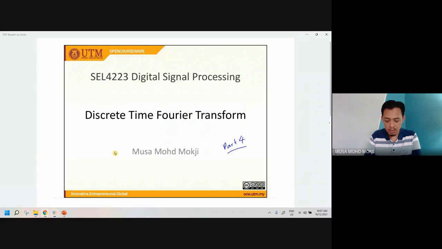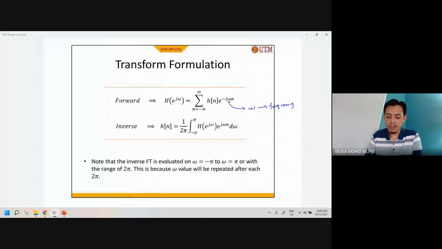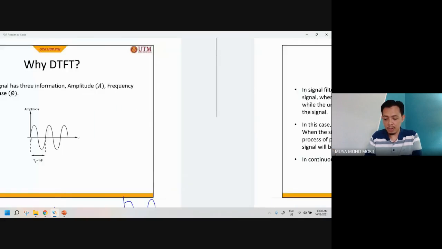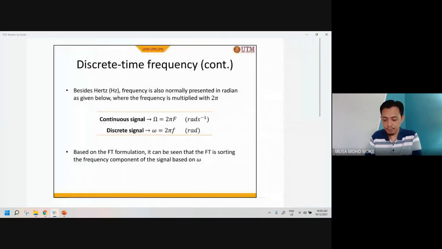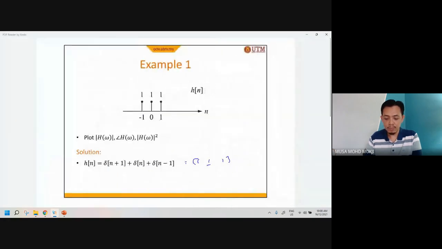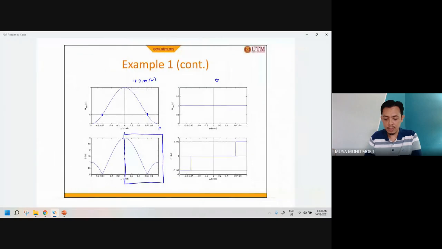We are in this discrete time Fourier transform. We have seen the 5 different types of frequency, and then we have seen the formula for DTFT. This is the formula for DTFT. And lastly, from previous, we have seen one example, which is this one. At the end of this example, we plotted the real part of our H omega, the frequency response.